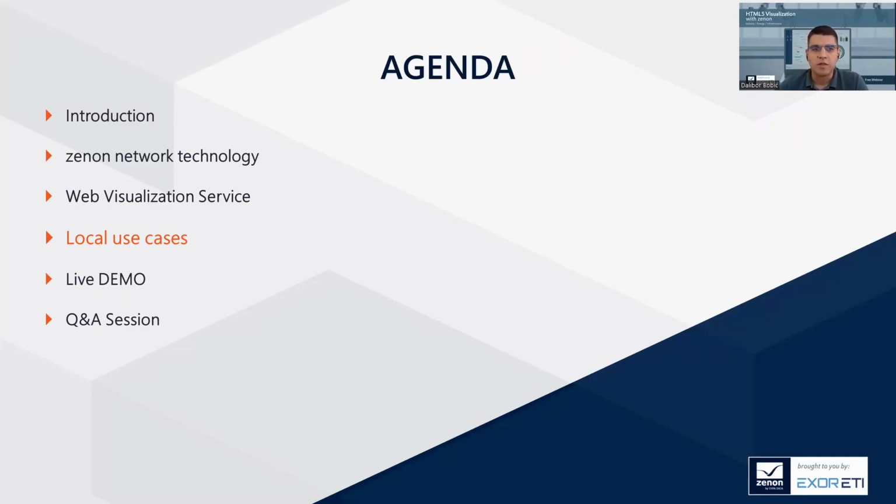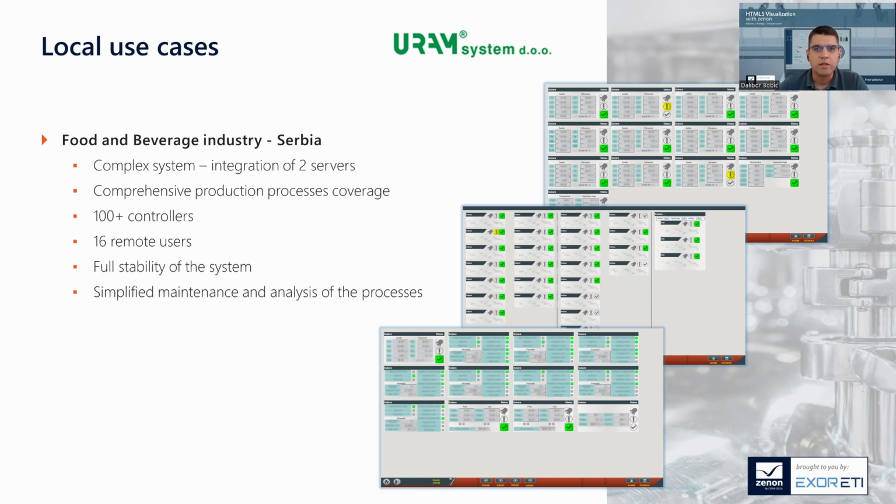The biggest success: we already have some projects where, of course, standard network technology and VVS are used. Let's mention some of them, which our partners succeeded in making in the last several years. Let's start with URAM System, part of the Copa-Data partner community. A really nice project in the food and beverage industry in Serbia.